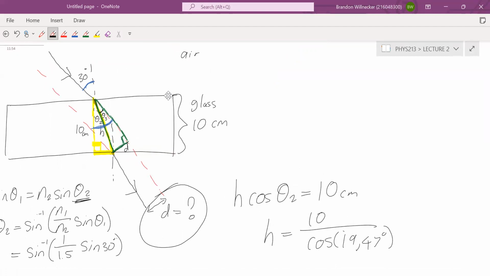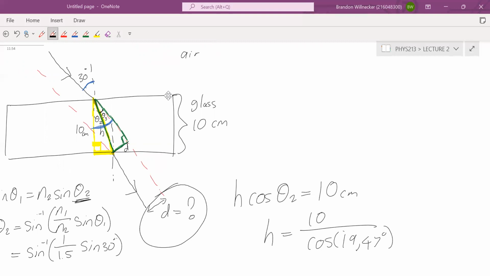In other words, it is hitting the glass block directly. So the angle from the normal is 0. We expect D to be 0, right? There shouldn't be any shift if it's going in directly. If it's going in at some angle, then we expect there to be a shift.